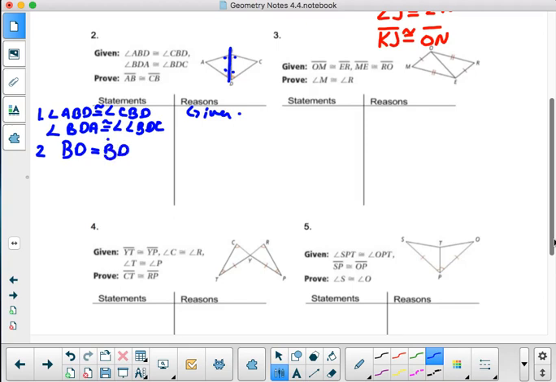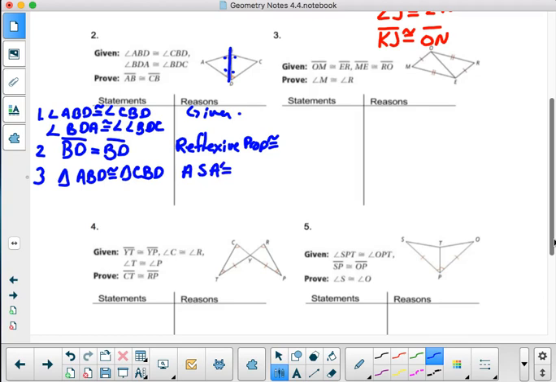In that order, reflexive. And I can prove the two triangles congruent. I've got triangle ABD congruent to triangle CBD because of angle side angle congruence.